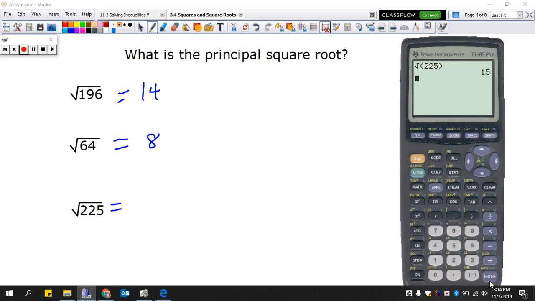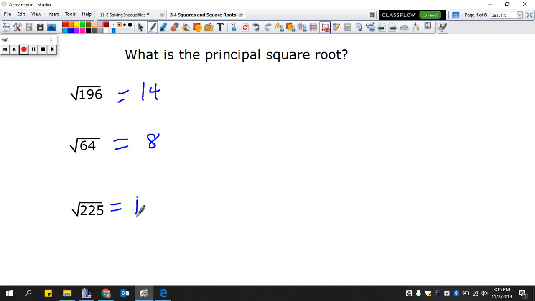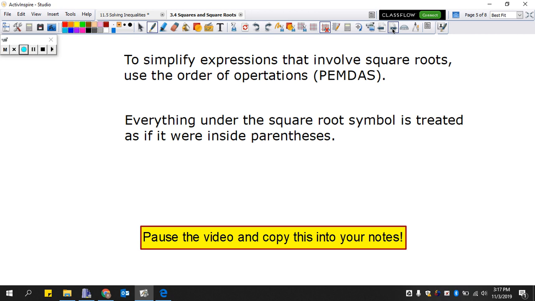Sometimes we need to simplify expressions that involve square roots. To do that, we use the order of operations, which is PEMDAS, or please excuse my dear Aunt Sally. If you remember, the P here stands for parentheses.